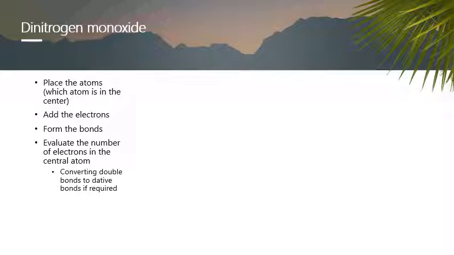So for dinitrogen monoxide, we first write it, N2O, dinitrogen monoxide. So from the name, I know nitrogen is in the center. Now I know oxygen is group 16, so it needs 2 bonds.